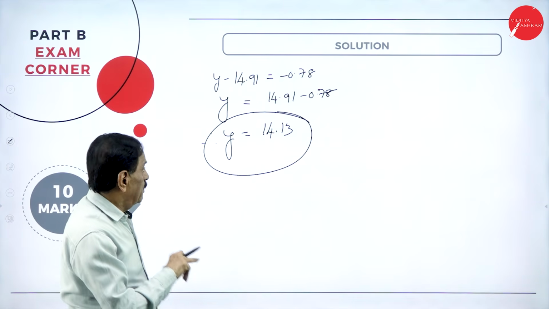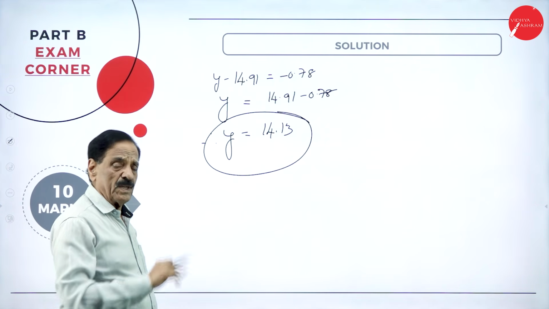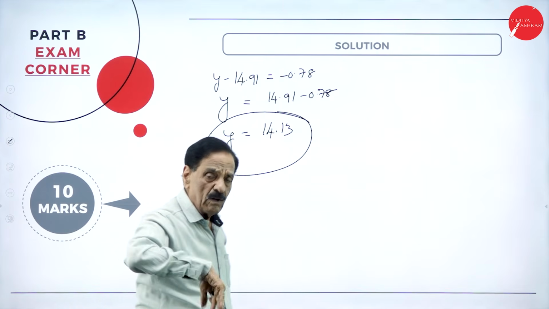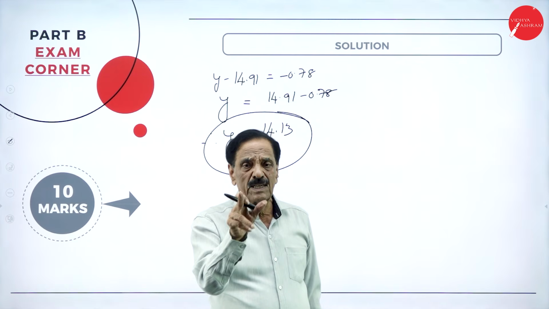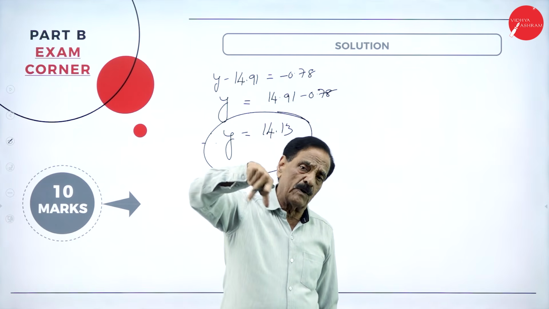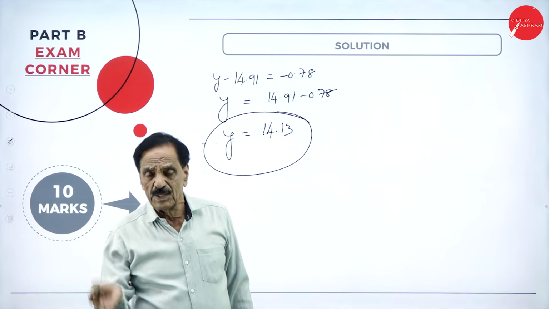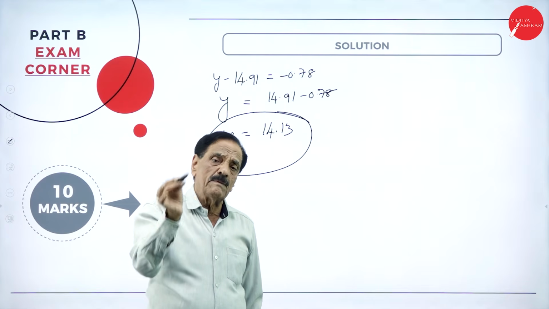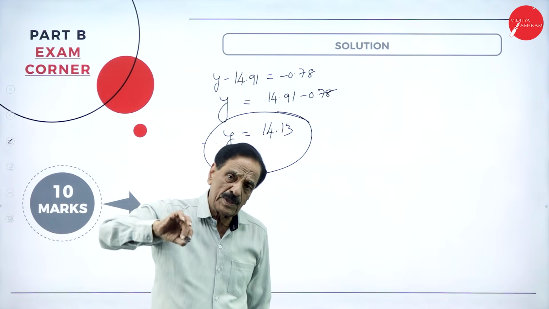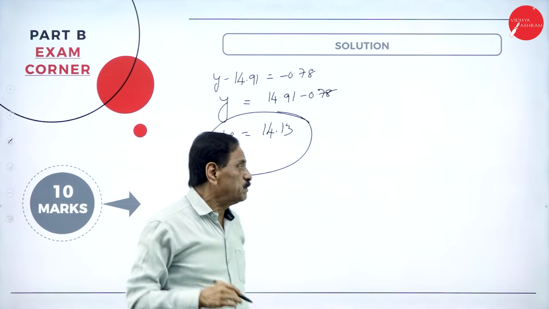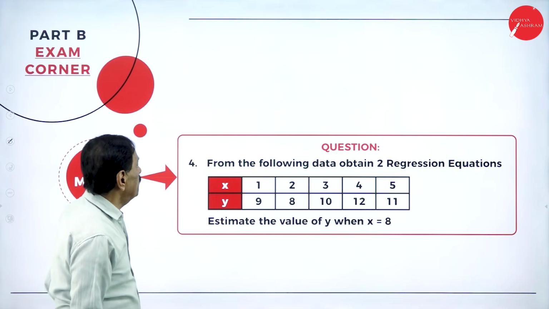So this goes in favor of regression equation x on y, y on x. What is x on y? x minus x mean, r into standard deviation x divided by standard deviation y into y minus y mean. What is the regression equation y on x? y minus y mean is equal to r into standard deviation y divided by standard deviation x into x minus x mean. You'll move on to next problem.